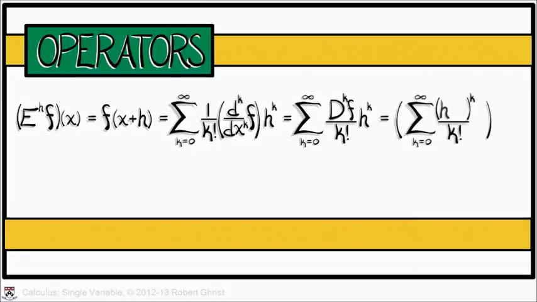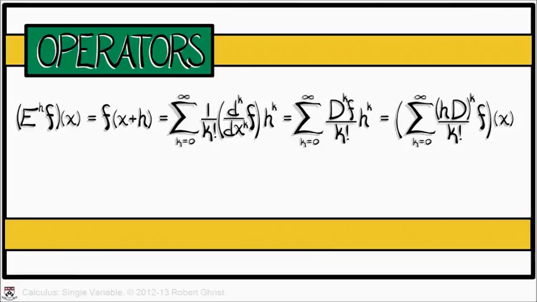So if I collect those two terms together, I've got the sum, k goes from 0 to infinity, of 1 over k factorial times quantity hD, to the k. I apply that to f and evaluate it at x. That is what this shift is.